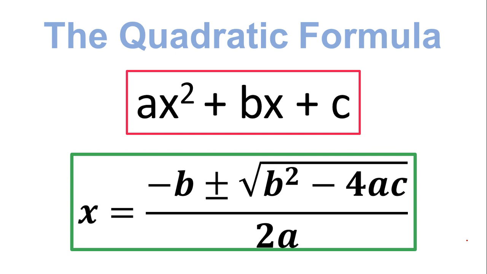Now, in place of your a, b and c, you have to replace them with whatever numbers are given to you in the question. But in the end, the answer that you get is for the x. And you will end up with, most of the times, a positive and a negative answer because, as you can see, there is a minus b plus minus. I'm going to explain later what it means. But because we have a plus and a minus, that's the reason we end up with two answers.